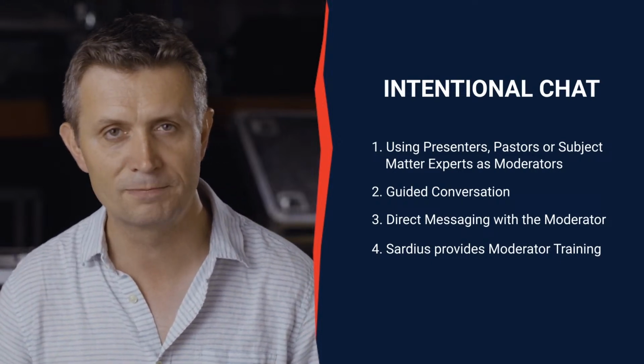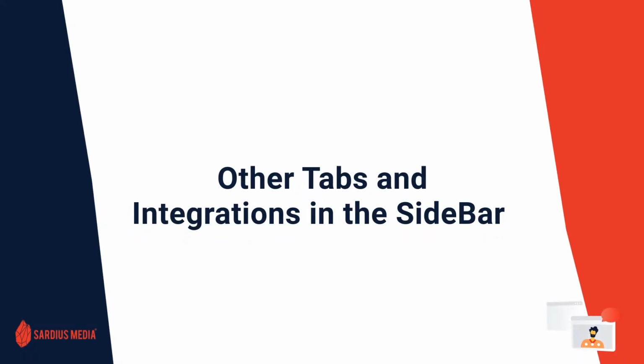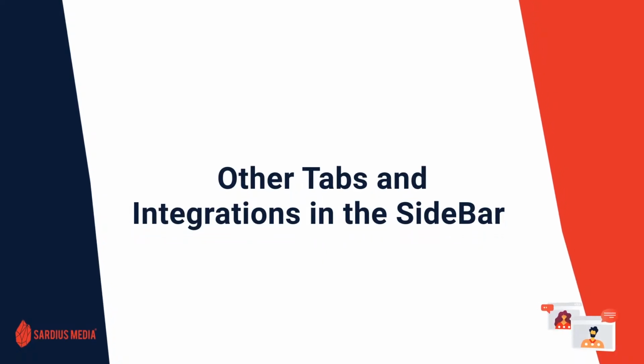Other tabs and integrations in the sidebar. While much interaction can happen around the chat between the attendees and the event host, the sidebar is a critical area of event interaction that is not limited to simply chat. Different tabs on the sidebar can add different types of interaction depending on the type of meeting that you're hosting.